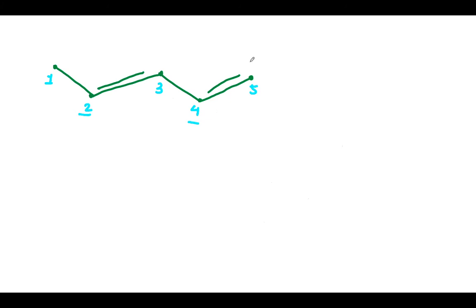For right to left, I've got 1, 2, 3, 4, 5. So my double bonds are at 1 and 3. So 1 and 3 is less than 2 and 4, right? So I'm going to go with the sequence that allows me to get my double bonds at the 1 and 3 locations.